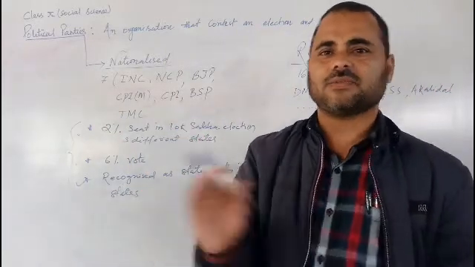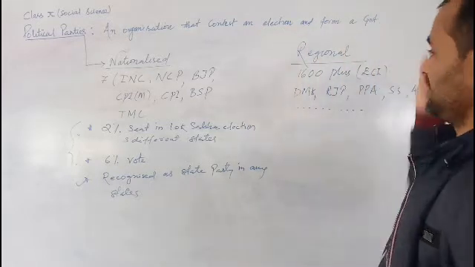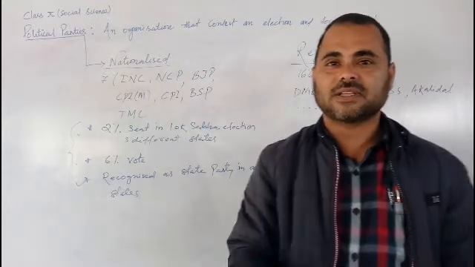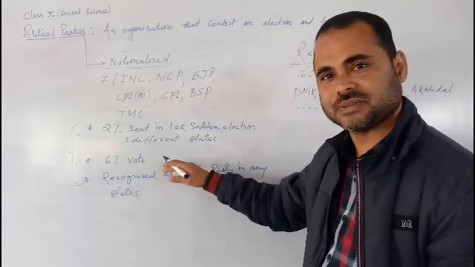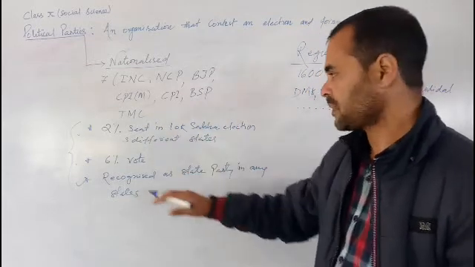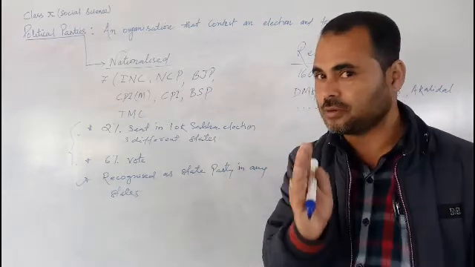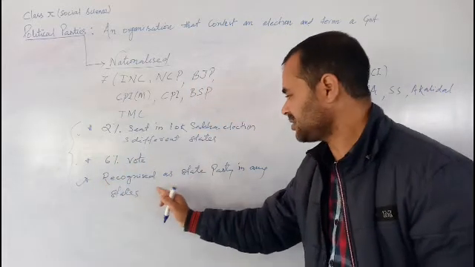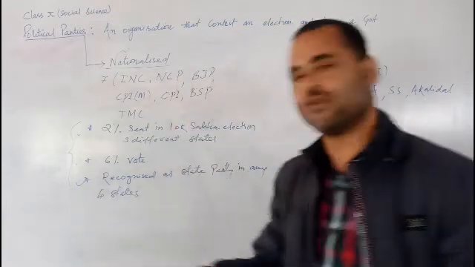Right? Now, this is the classification: how a party is recognized as a regional political party and how a party is recognized as a nationalized political party. So the conditions are 2% of seats in the Lok Sabha election from 3 different states, or 6% of votes in the Lok Sabha and Vidhan Sabha election and 4% of seats in the Lok Sabha, or the party should get recognition as a state party in any 4 states.